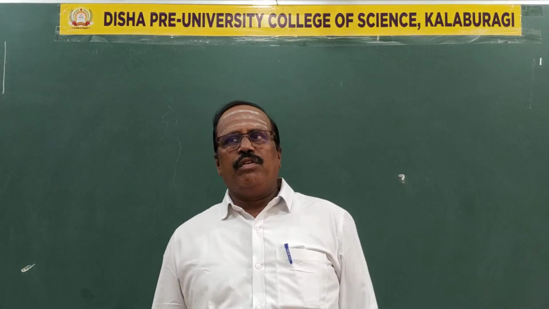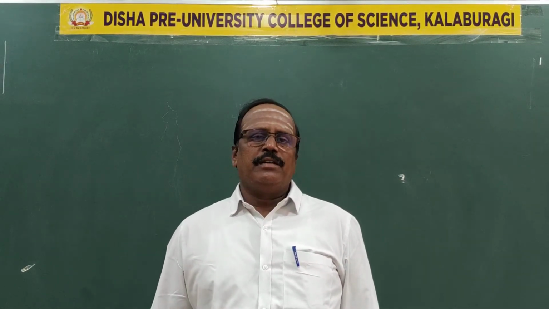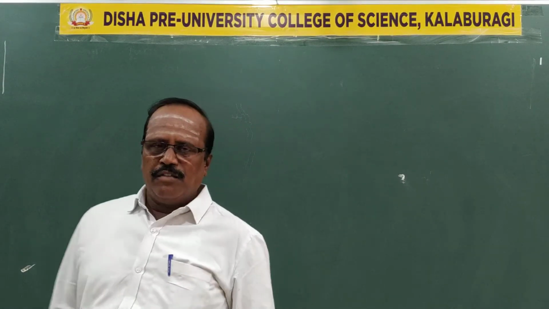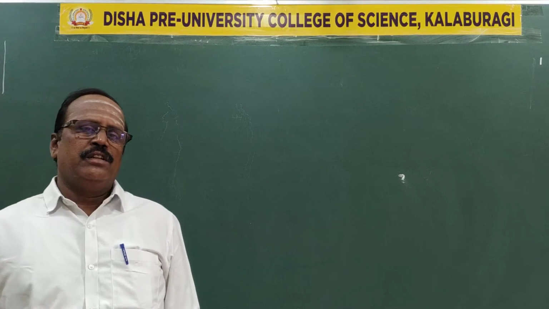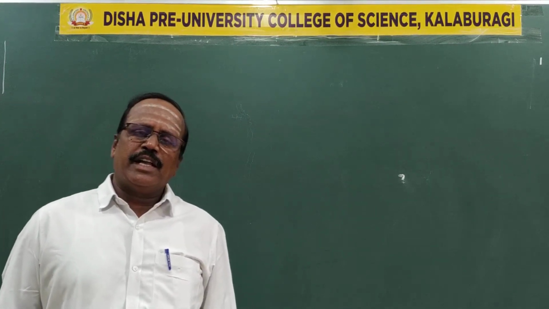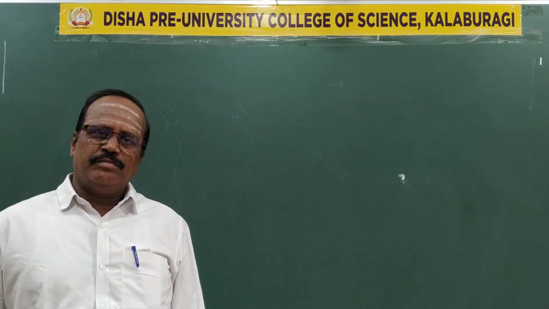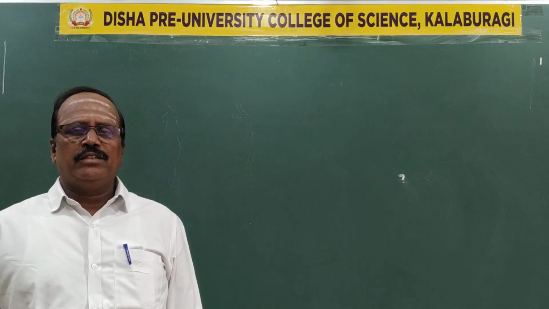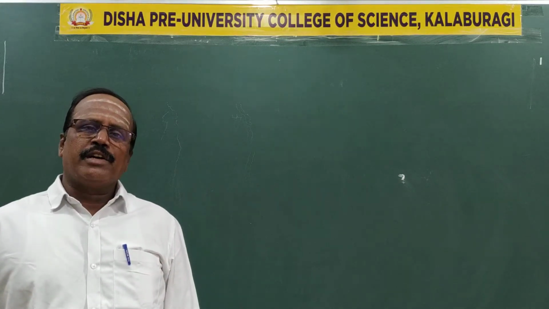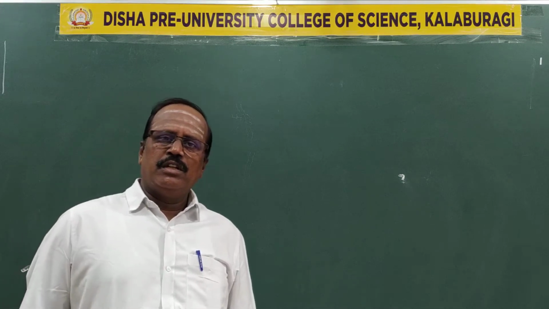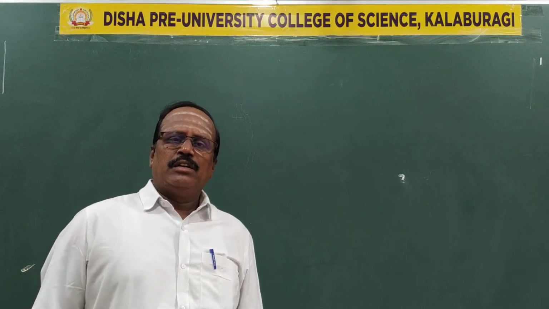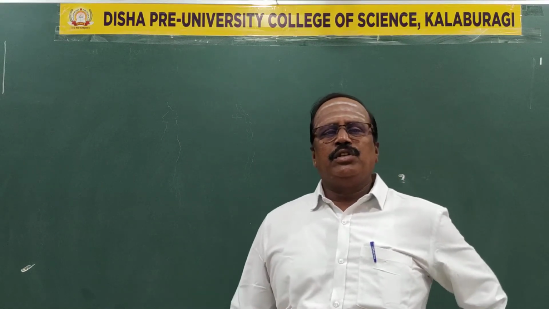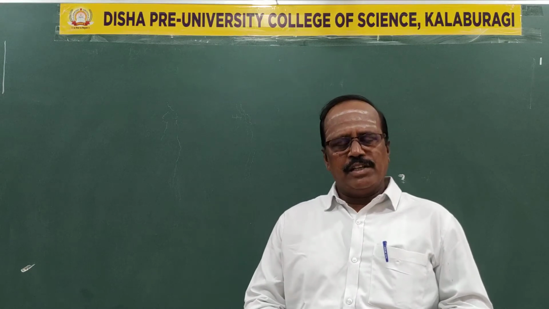Welcome back to the discussion of the remaining part of the topic, classification of elements and periodicities in properties. After going through all the details in our last visit, we discussed a very important aspect, atomic radius. As we have come to know, there is no practical method to get a precise value for atomic radius, but using X-ray or some other spectroscopic technique, to some extent we can measure the atomic radius.